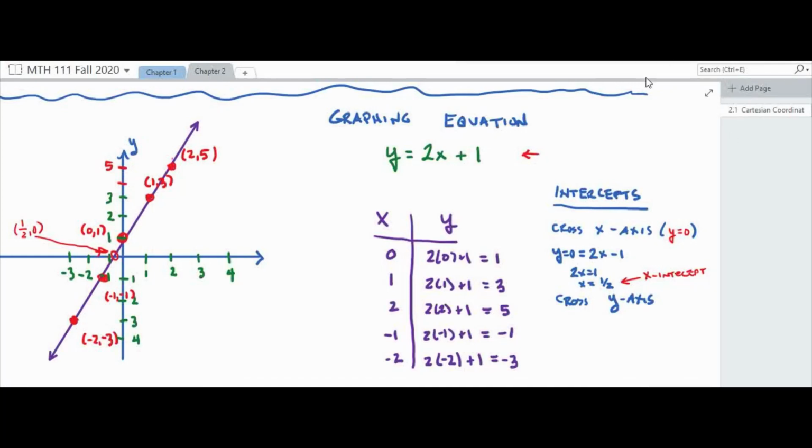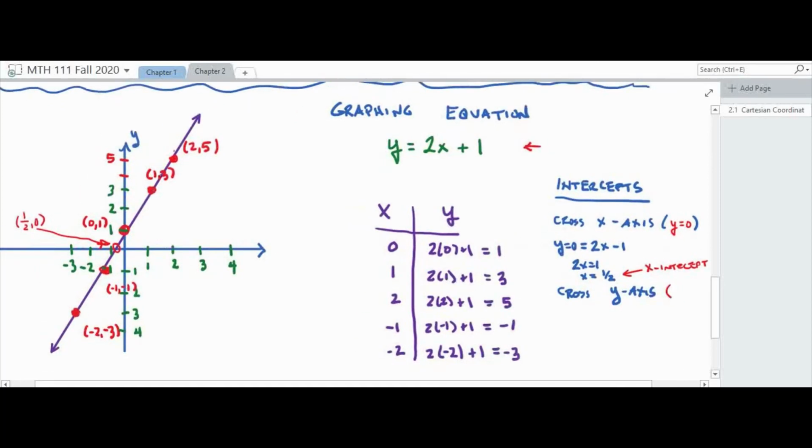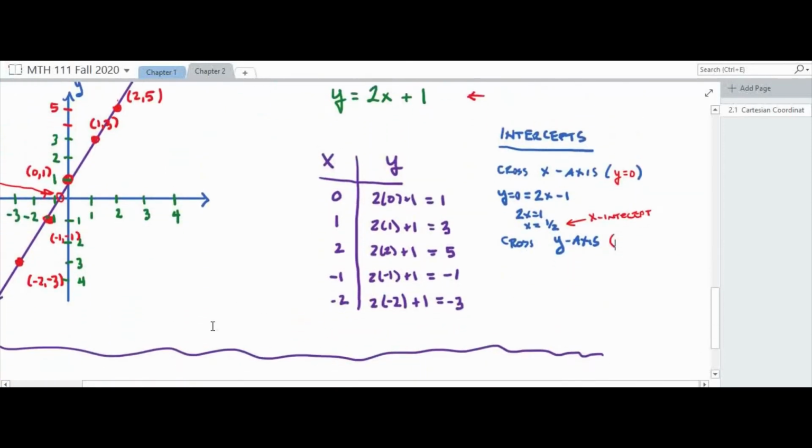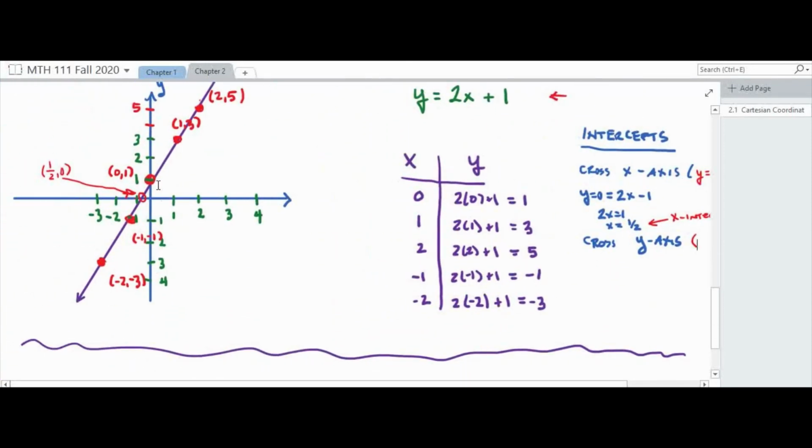Okay, well, now we can do the same thing to find what our y-intercept is. And you can look at the plot, and it actually kind of sticks out on the plot. But here we want to set, whenever our plot crosses the y-axis, as you can see, the value of x is always 0 here.